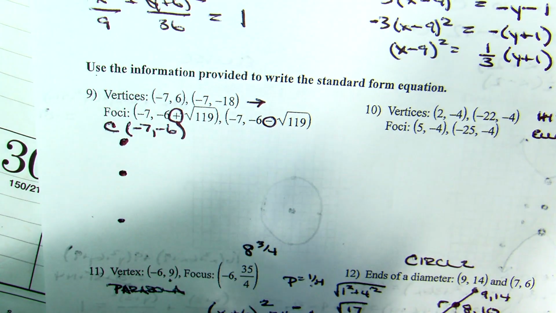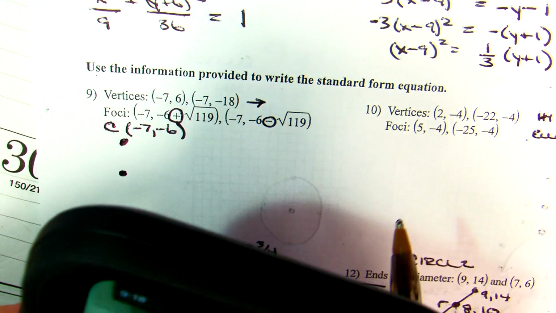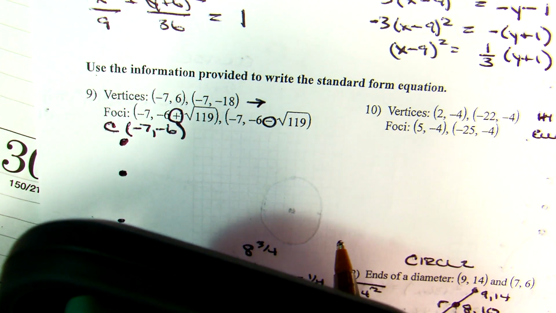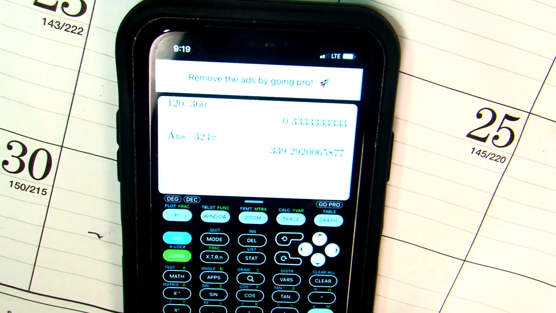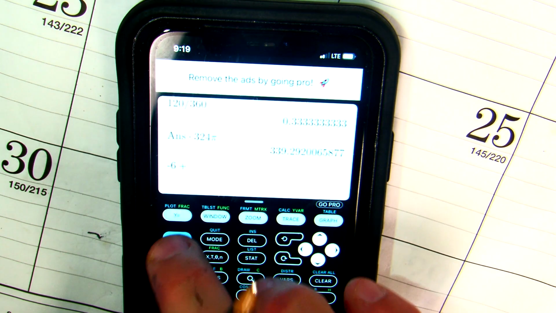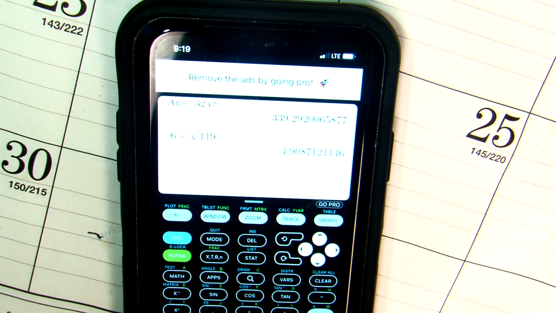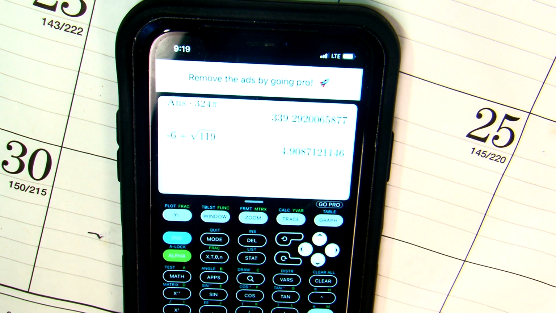For example, so we're doing negative 7, negative 6, plus square root of 119, which puts me at about 4.9.